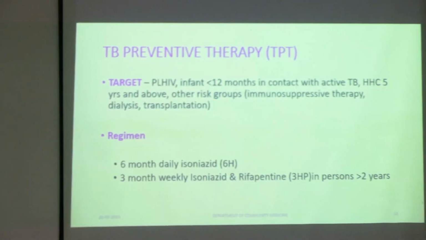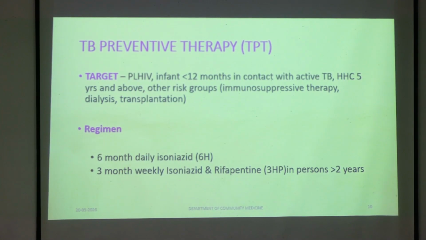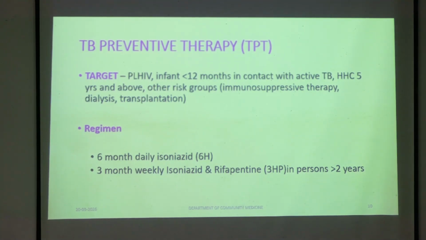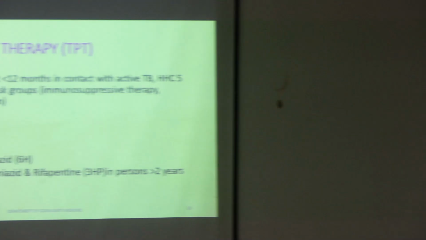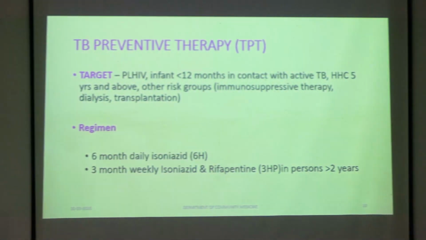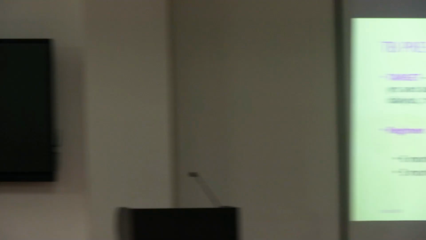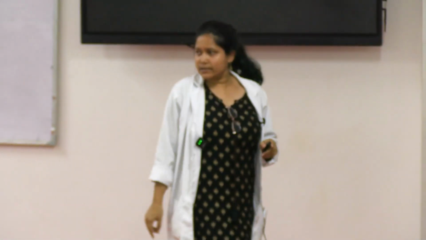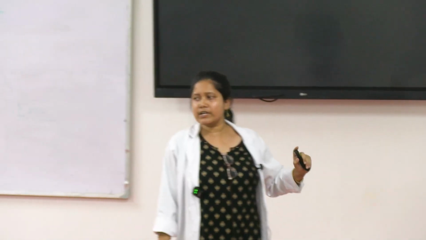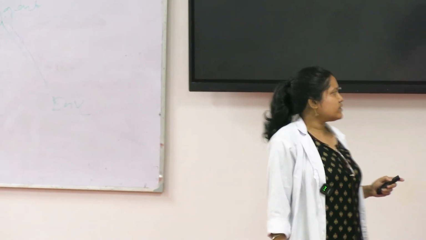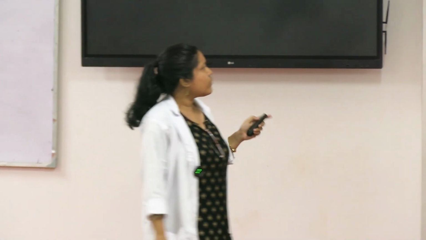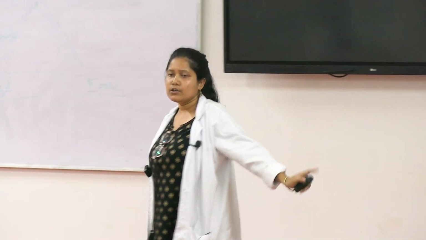Which is daily, 6 months daily isoniazid. Sometimes this is not feasible for the patient. So what they have done is another regimen, 3 months weekly isoniazid and rifampicin, if the person is more than 2 years. Less than 2 years, you cannot give this rifampicin, so because of that this regimen you cannot give to children under 2 years. So what are the contraindications of TB preventive therapy?